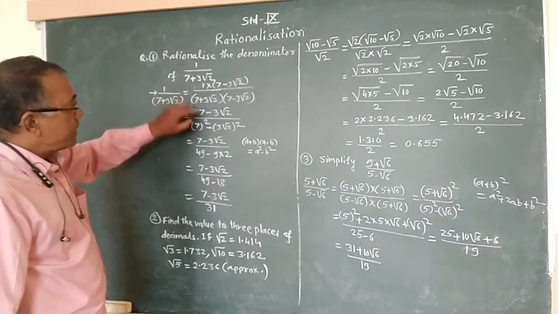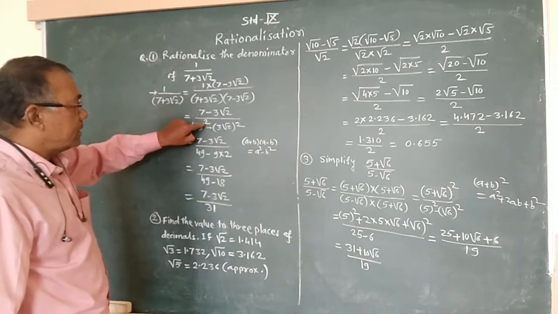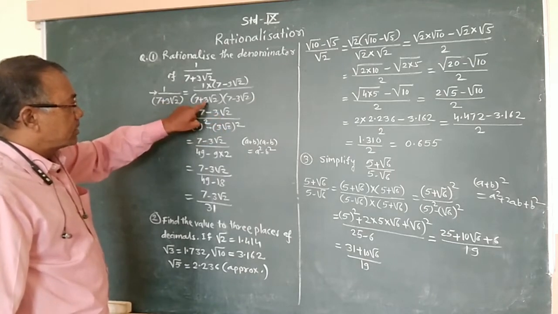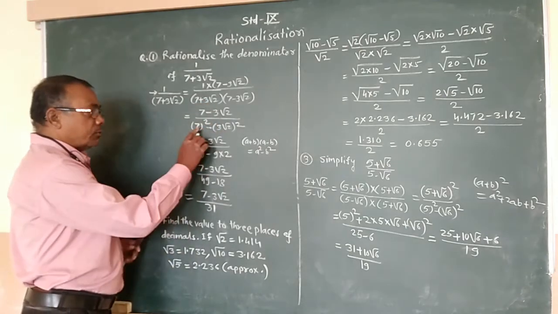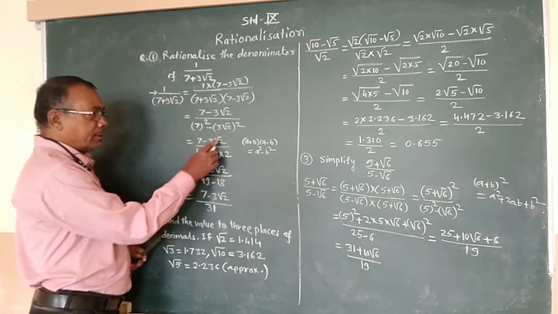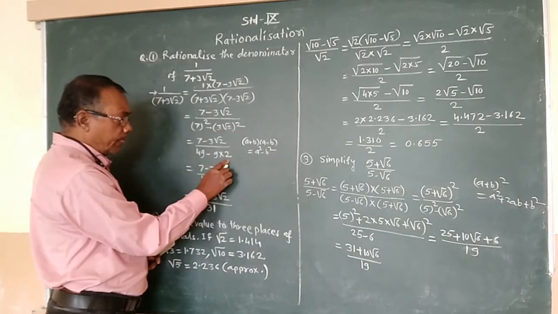So write the numerator as it is, 7 minus 3 root 2, divided by 7 square minus square of 3 root 2. Here square of 7 is 49, minus 3 square is 9 into root 2 square is 2.